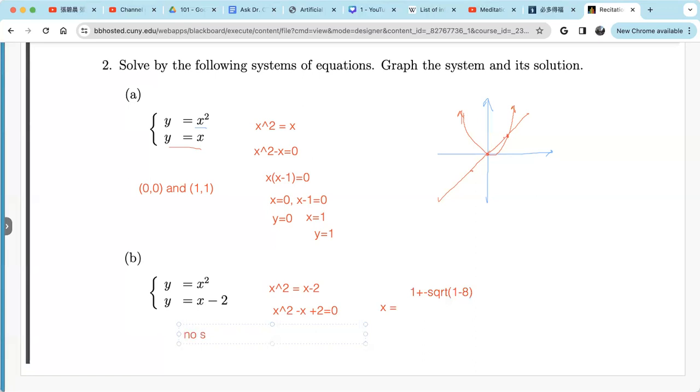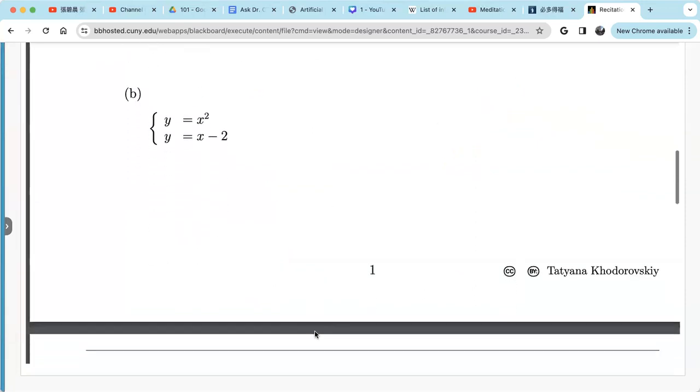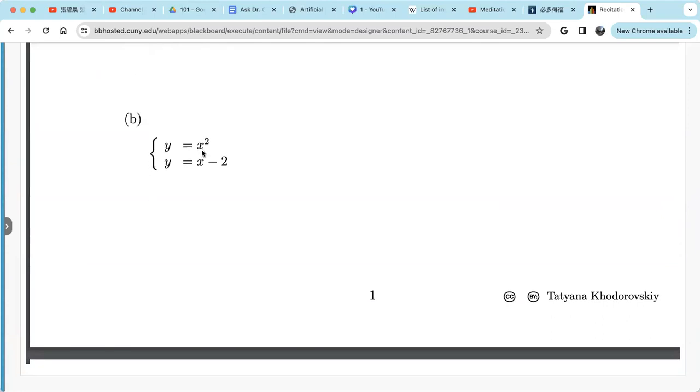Just say no solution, which means that those two do not intersect. Oh, you can graph it, okay. Once you graph, you can see it.